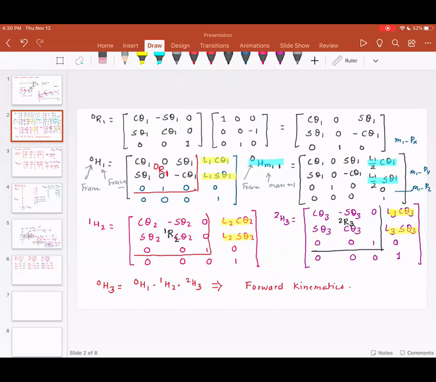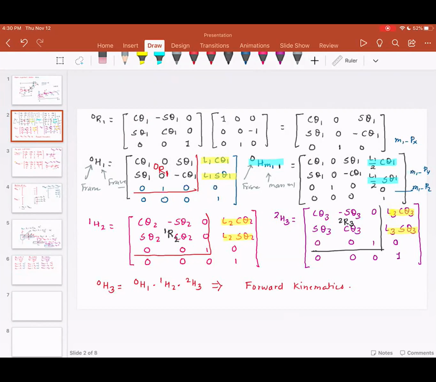Then we talked about how to find out the homogeneous matrix corresponding to mass M1. We talked about 1H2, how to find the homogeneous transformation. Then we talked about how to find out the homogeneous transformation corresponding to mass 2.